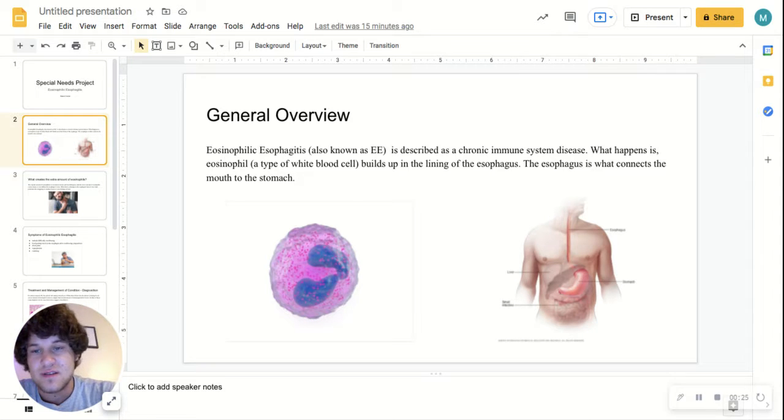What happens is eosinophils, which are a type of white blood cell, build up in the lining of the esophagus. The esophagus is what connects the mouth to the stomach. I put a picture right here of what the esophagus is, and then this picture on my cursor right here is an eosinophil.